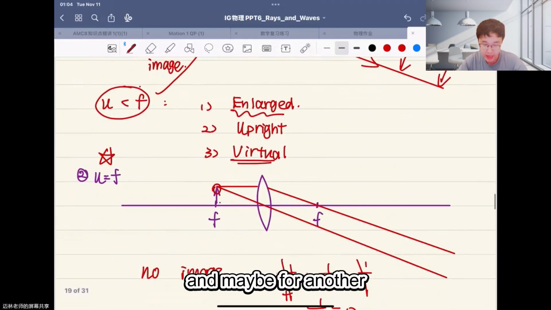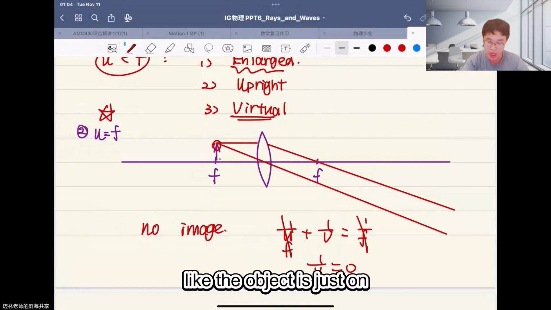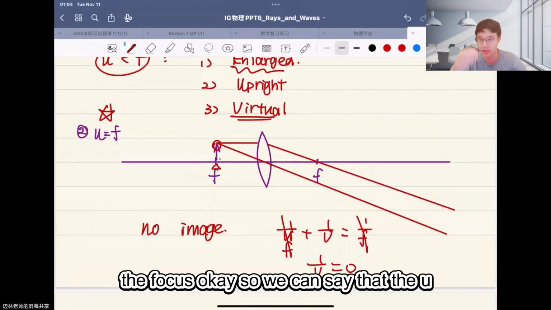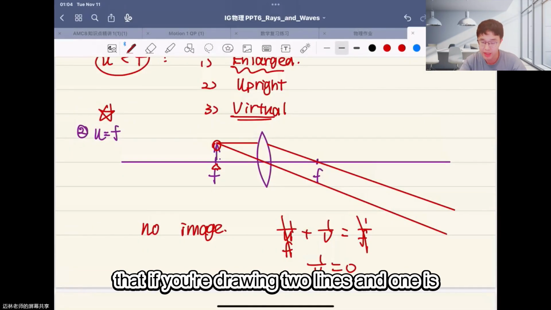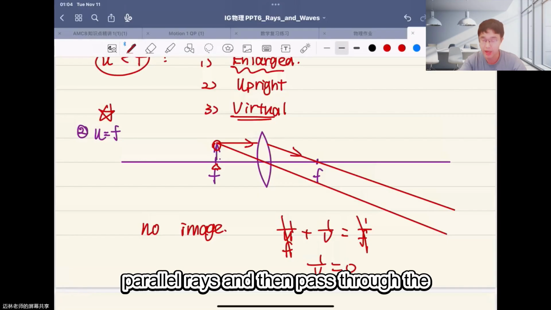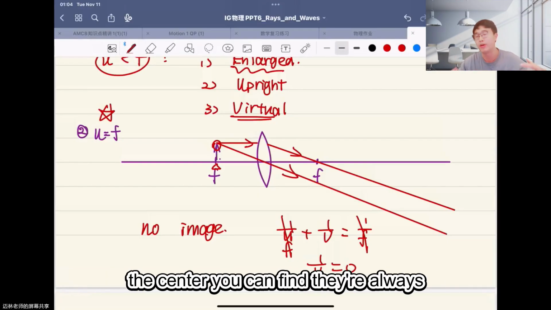And for another case, you can see here the object is just on the focus, okay? So we can say that U equals F. In this case, if you draw two lines, one a parallel ray that passes through the focus and another ray that passes through the center, you can find they're always parallel rays, okay?